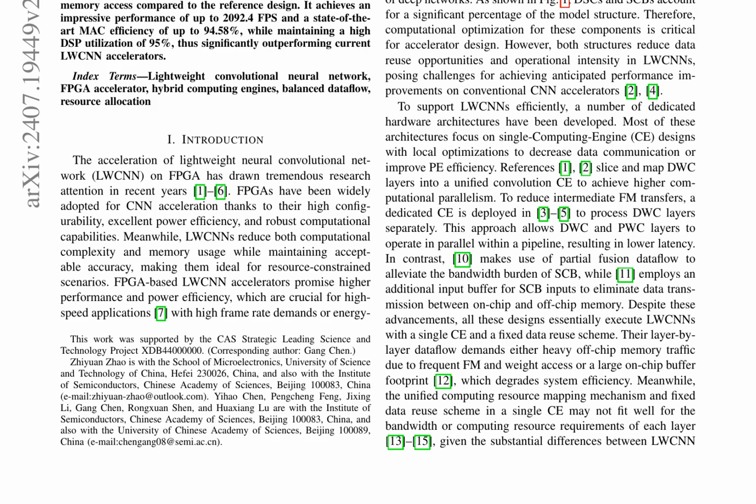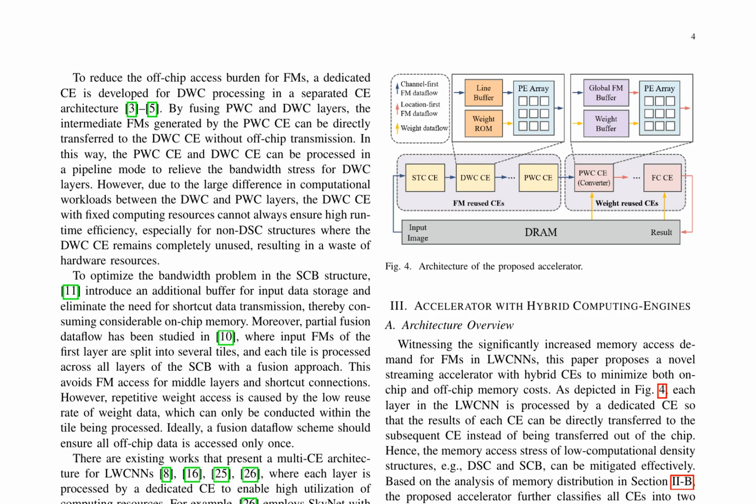The distribution of FMs and weights in LWCNNs is examined, noting that the number of parameters and weights varies from layer to layer, with shallow layers generating larger FMs and consuming fewer parameters, while deep layers produce fewer FMs but require massive parameters.